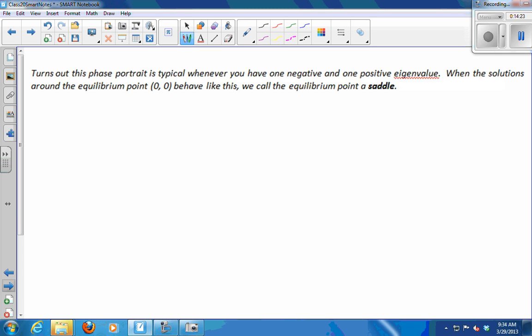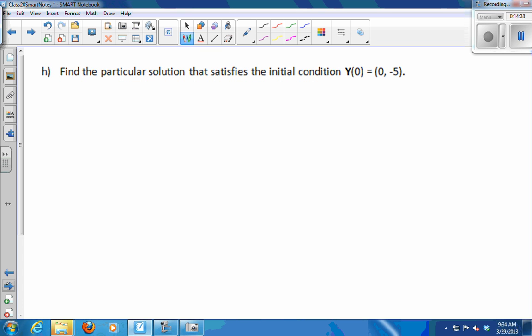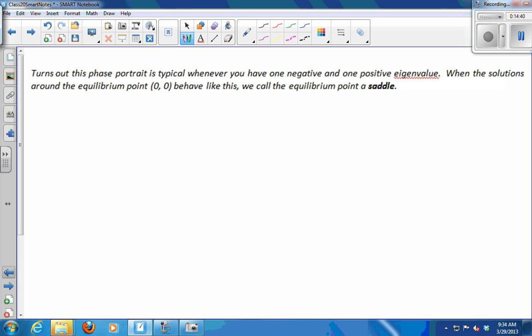If it's on the straight line solution, it could go back to the origin. So this phase portrait is typical whenever you have one negative and one positive eigenvalue. When the solutions around the equilibrium point behave like this, we call it a saddle. So that's one kind of classification for the fixed point (0, 0). You could have a saddle.